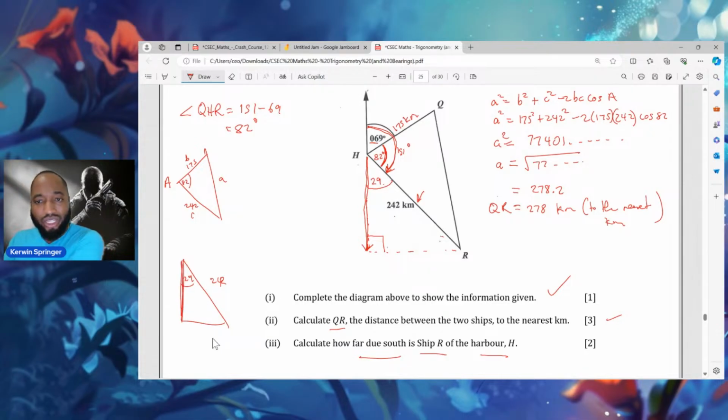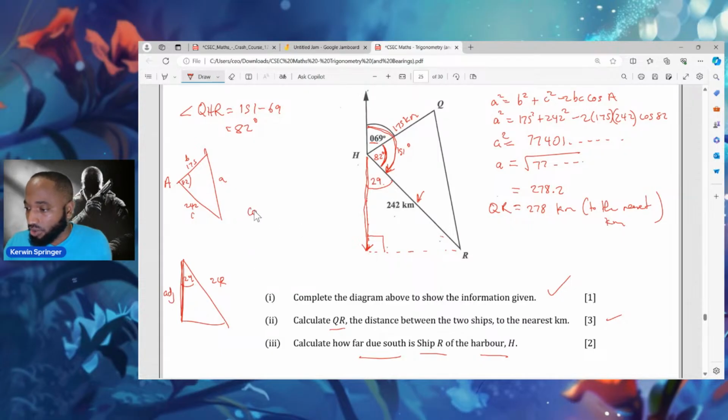Somebody is saying sine. This is definitely a scenario to use the cosine, not the cosine rule, but the CAH in SOHCAHTOA, where this is the adjacent to the angle.